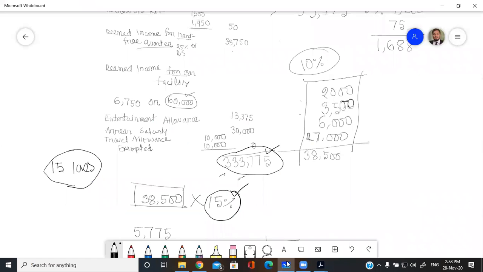What I'd like to stress is that you need to get this percentage by looking at the total taxable income of the SSC. If the situation is that this person's total taxable income is 2 million something, it is above 15 lakh, is it?